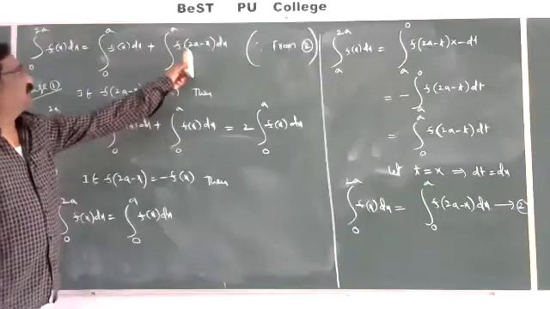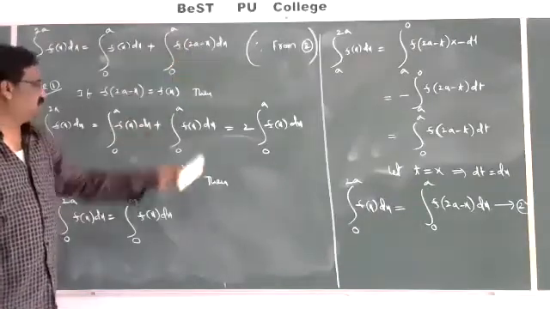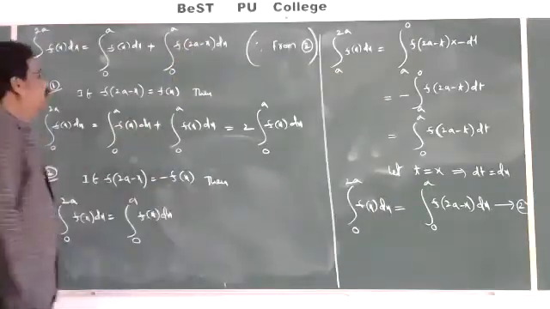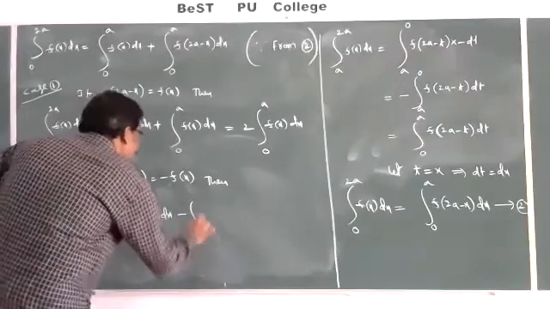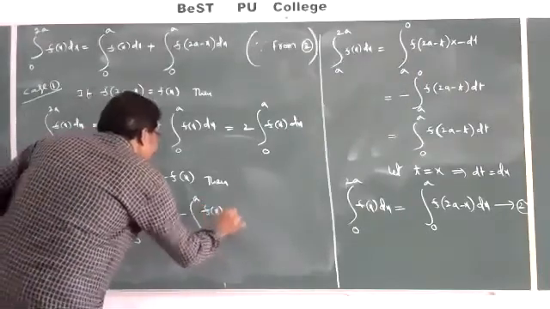Here f of 2a minus x is equal to minus f of x, then you get minus integral 0 to a f of x dx.